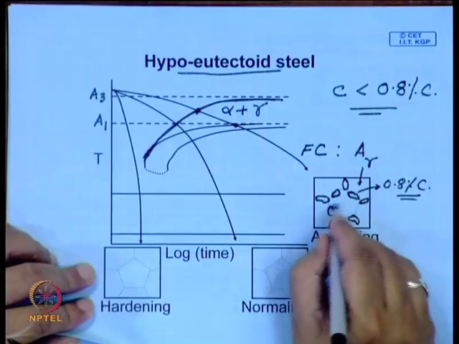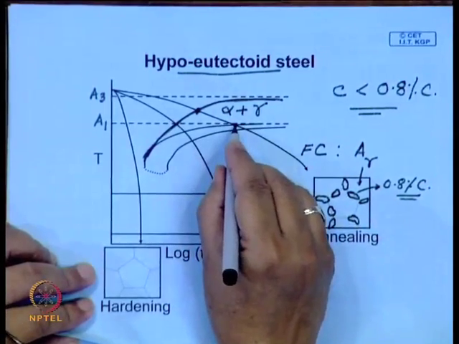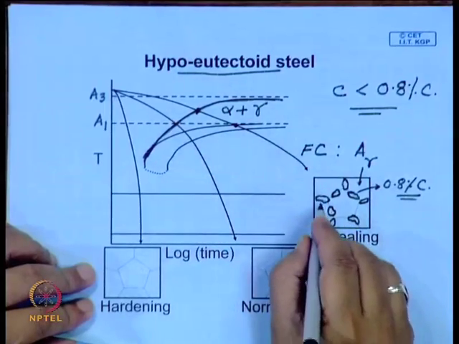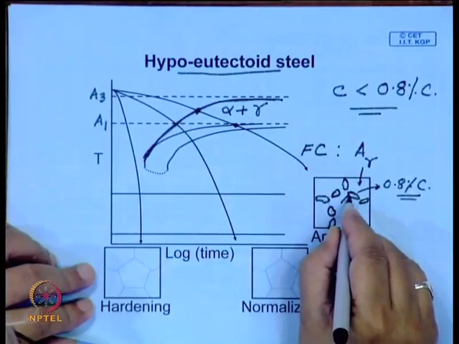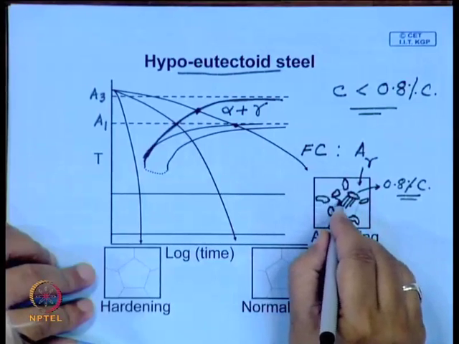And this is when the pearlite nucleation starts, and pearlite nucleation can take place from here, and you will have these pearlite nodules forming.